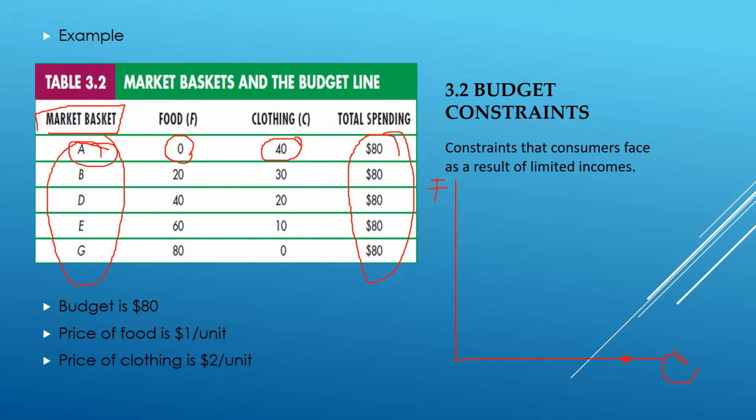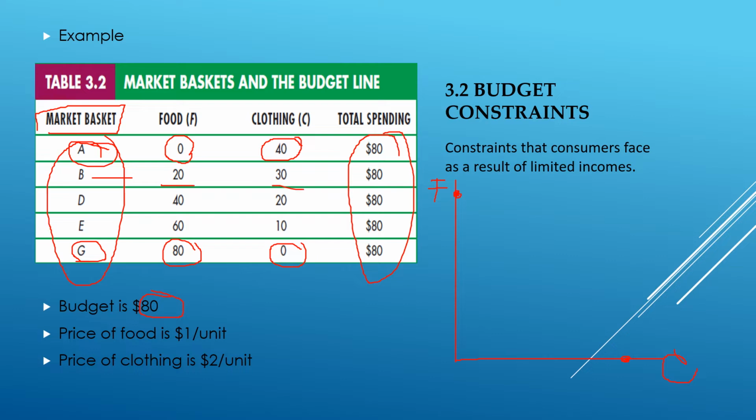But if we use all our 80 pesos in buying just food, then we are at market basket G, which is zero clothing and 80 food. So that will be here. Another one, market basket B, is 20 food and 30 clothing.